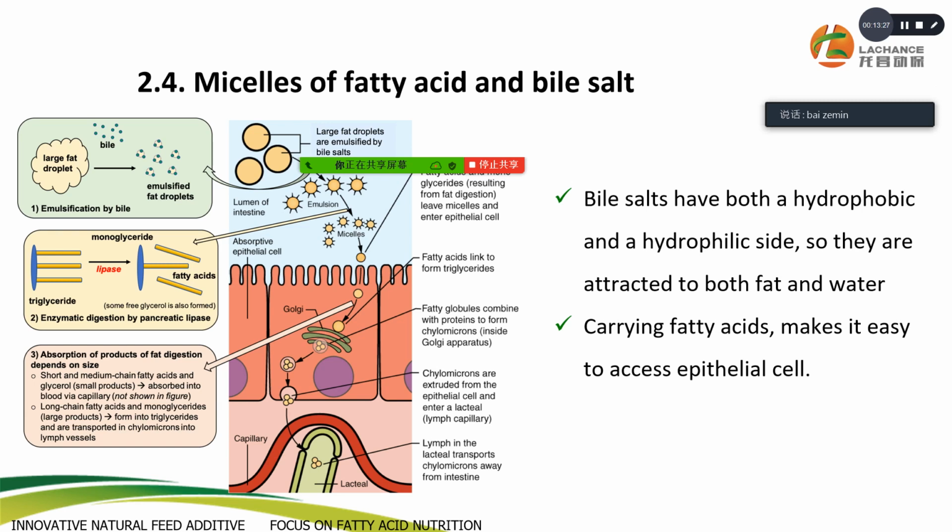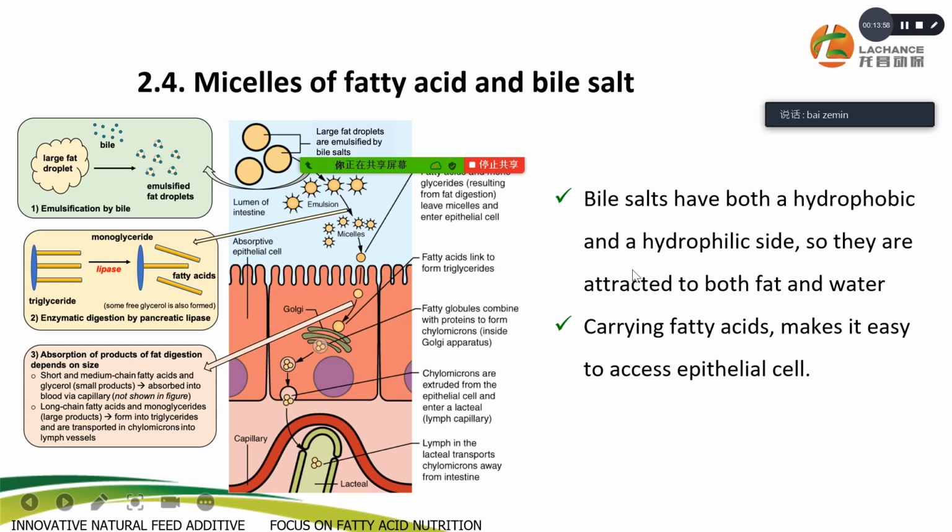The last step is absorption. After emulsification, digestion forms micelles, which contain fatty acid and bile salt, as we can see here. Fat cannot dissolve in water, but bile salt has two parts, as I just mentioned, a hydrophobic and a hydrophilic side.